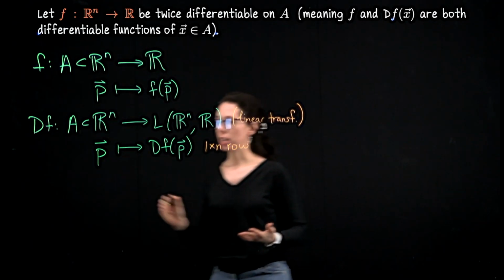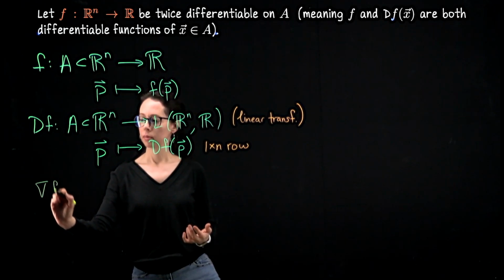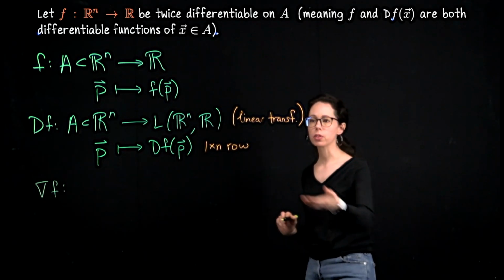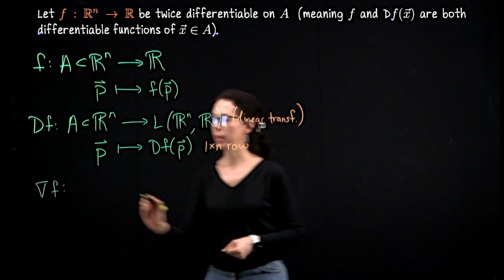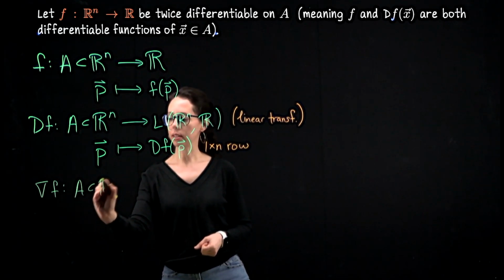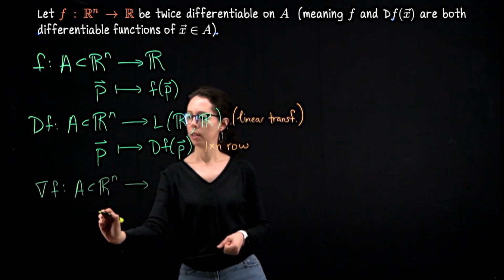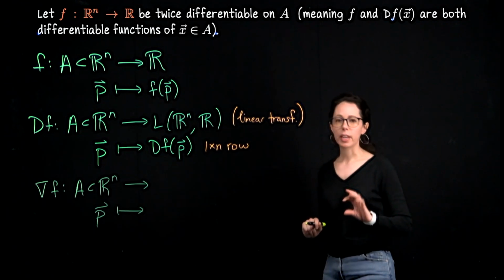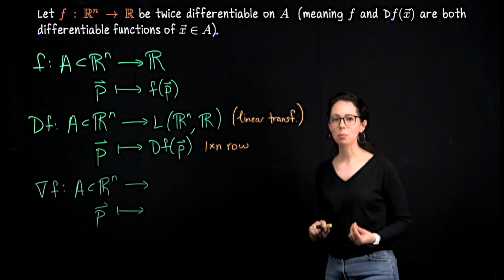And for a scalar valued function, that is the gradient. Okay, the gradient of f, you can think of it as the transpose of this row, so it's a column. But what that means is, again, it's going to start with the same domain. If I do the gradient of f and then I evaluate it at P, what kind of object do I get?